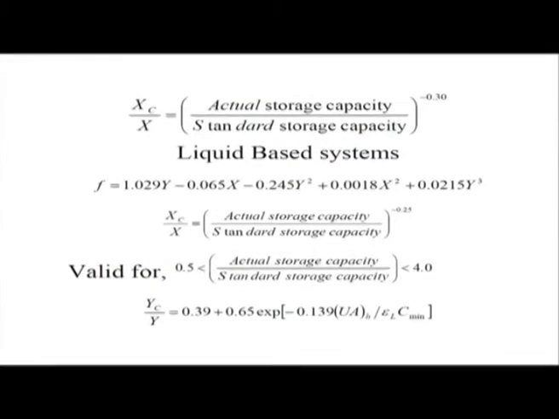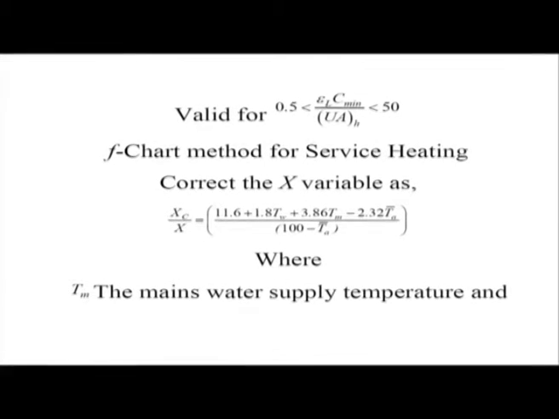So, if the heat exchanger is larger or smaller, the performance will be slightly different, and again the F chart variable X is corrected depending upon the actual size or effectiveness of the heat exchanger.